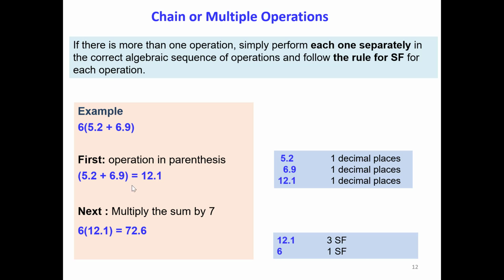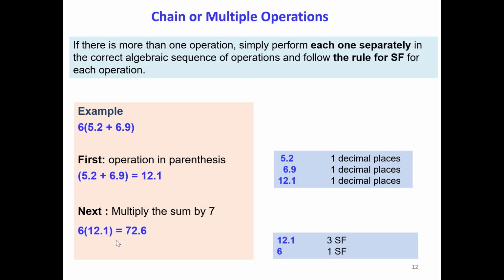Because it's addition, we need to take into account the number of decimal places. In this case, we had 1 decimal place, then the answer must have 1 decimal place also. Then this is why we had 6 times 12.1.